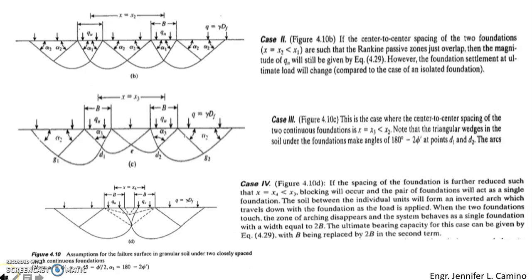So this was a study that was conducted by Stuart on the assumption of the failure surface in granular soil under 2 closely spaced rough foundations. So basically, the rupture surface of the soil is highly affected, according to him, based on the center-to-center spacing of the foundation.